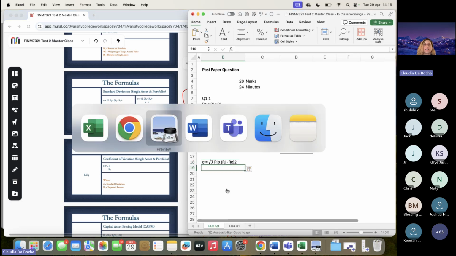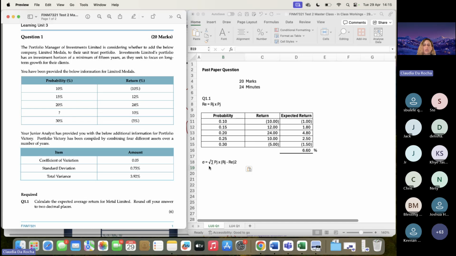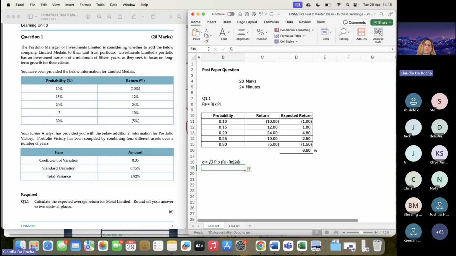So it is sigma equals the square root of the sum of pj times rj minus re, squared. So this is a square root here. It's supposed to be a small 2. So I'm going to do a table again. As I said, in my solution, I've done just the formula method and I just follow the formula, but here I'm doing the table method. Either one is acceptable. You can choose whichever one you prefer.